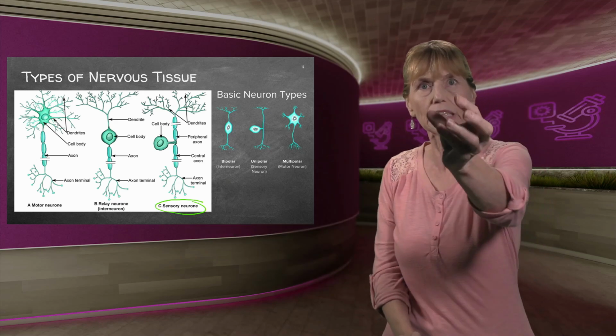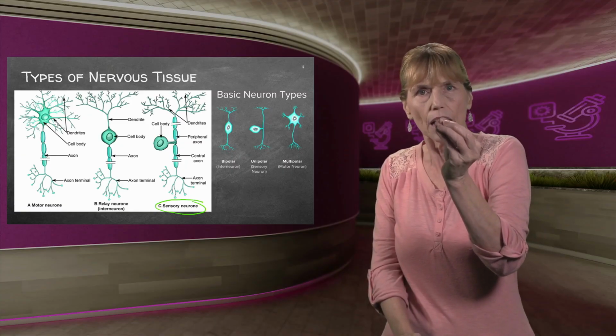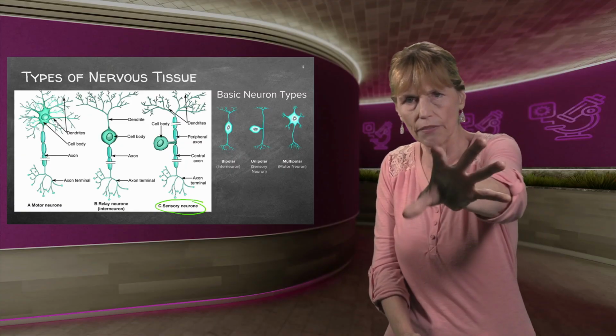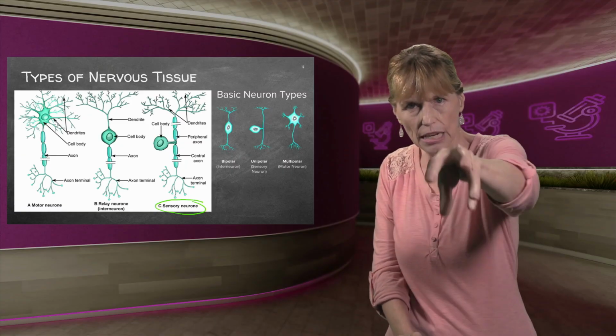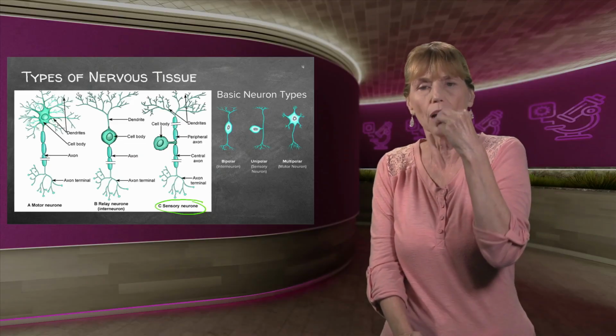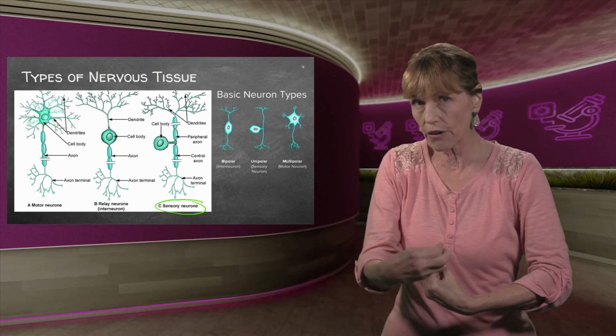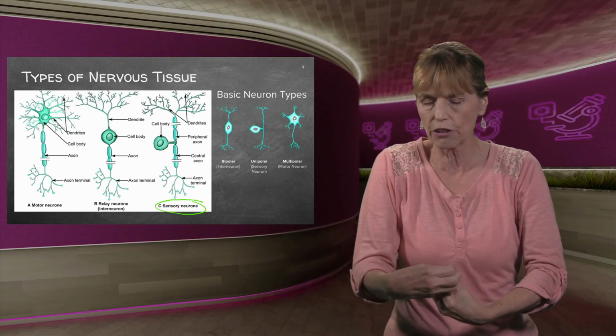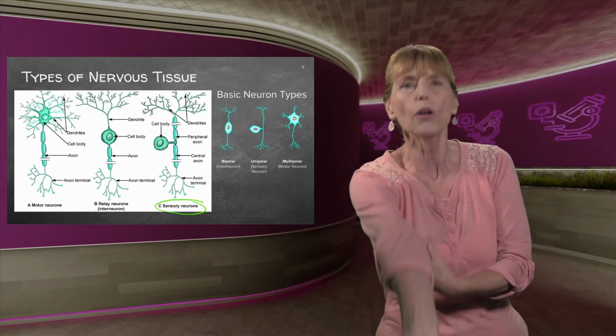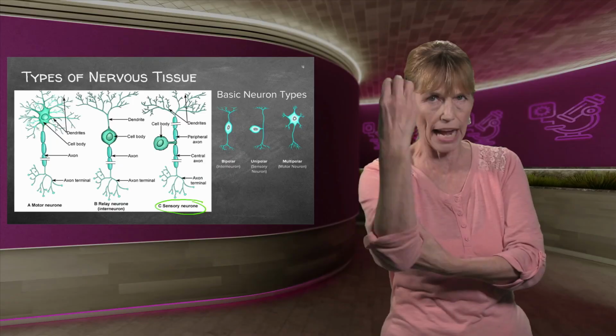So if you see something coming, it's a sensory neuron that will take it from the outside into your body, where it will be processed by the central nervous system to give a reaction, which will then be given to the motor neuron, which will cause the motor reaction.